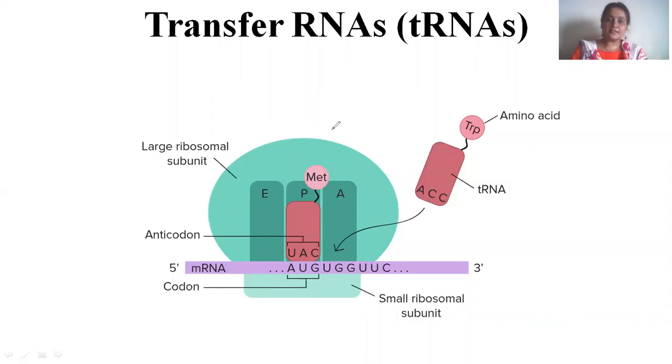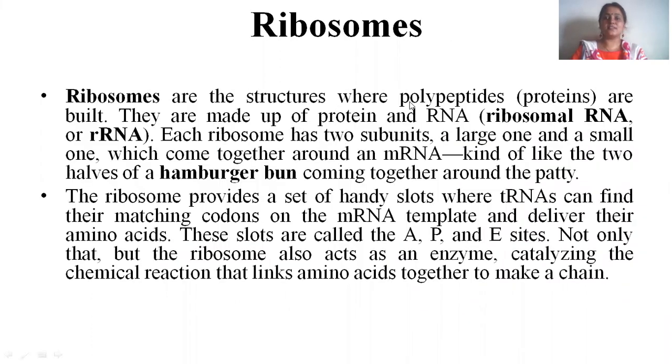Now you can see from the figure, it's like a hamburger structure. This particular ribosomal subunit, or this hamburger structure, is known as a workbench with an RNA blueprint. You can also see from this slide that ribosomes are the structures where polypeptides are built. They are made up of protein and RNA.